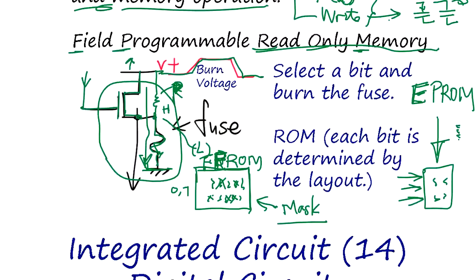But when light is exposed, this charge is discharged on the silicon, and then you can erase all the memory.